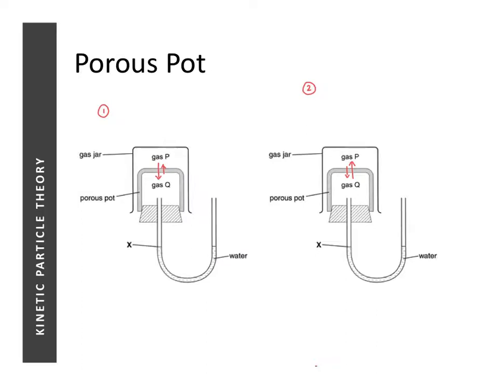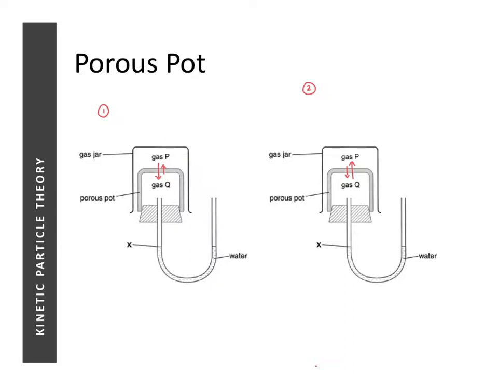So in scenario 1, where gas P diffuses in faster than gas Q diffusing out, to know what happens, the trick is to ask yourself, after some time, do I have more or less gas inside the porous pot? I repeat again, to know what happens to the water level, the trick is to ask yourself this question. After some time, will I have more or less gas inside the pot?